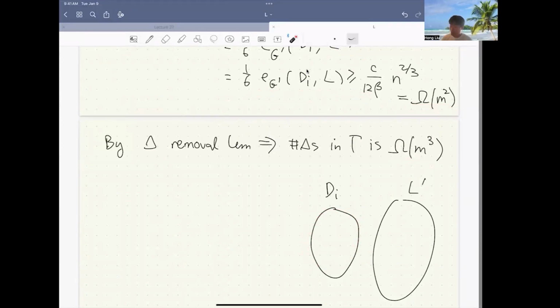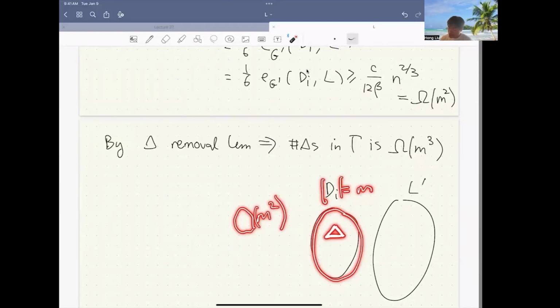So I think the simplest way to do this is, on the vertex set of size m, the maximum number of edge disjoint triangles you can get is of order of magnitude m squared.